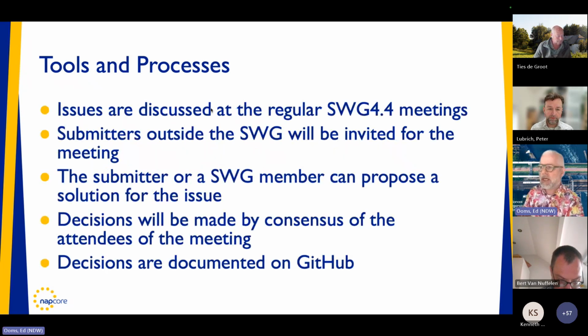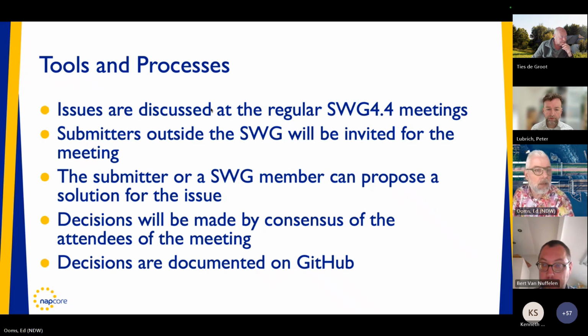After that, the issues are discussed at the regular sub-working group meetings, which are every 2 months. If you're not part of the sub-working group at the moment and you have submitted an issue, you will be invited to the meeting where it will be discussed. Everyone can also propose a solution: the submitter, a member of the sub-working group, or anybody looking at the GitHub and reading the issues.